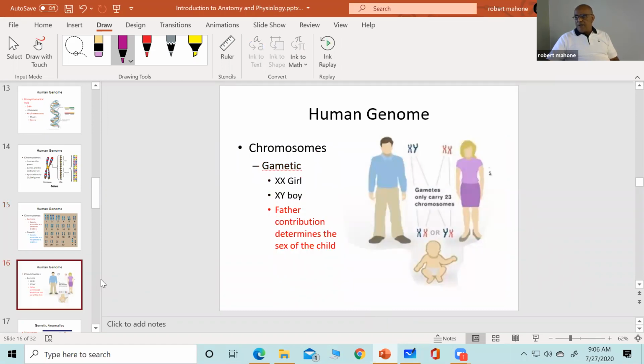All right, and here is the combination XX or XY, and the father's contribution determines the sex of the child.